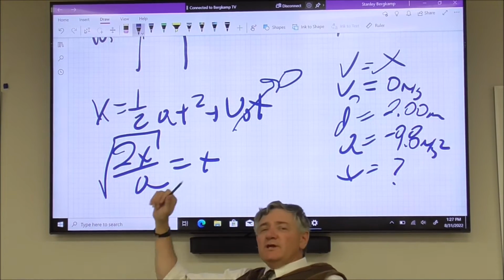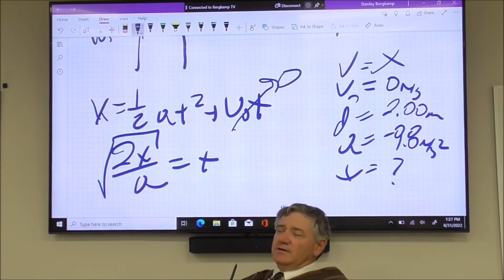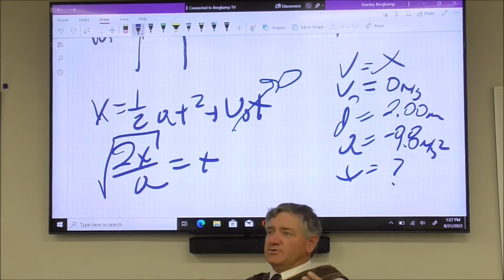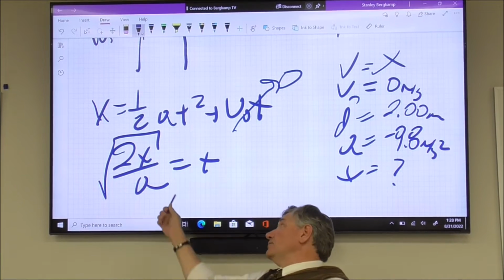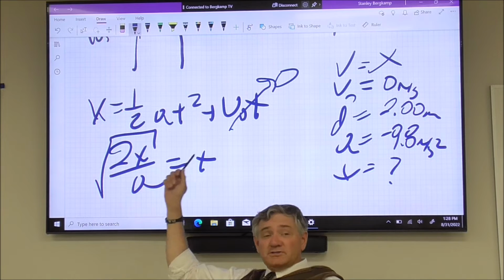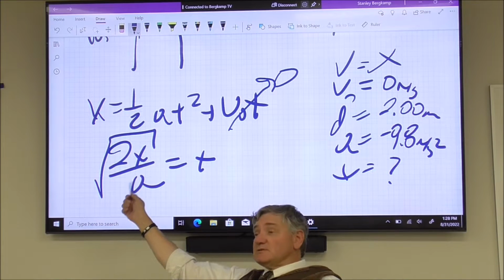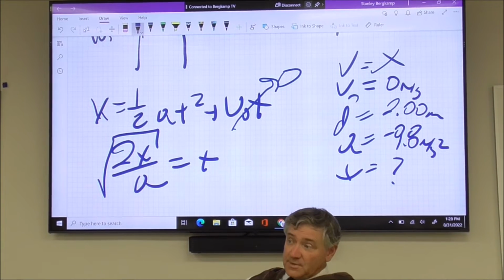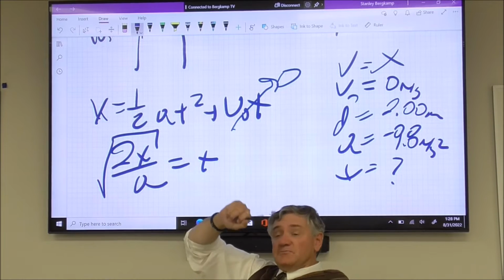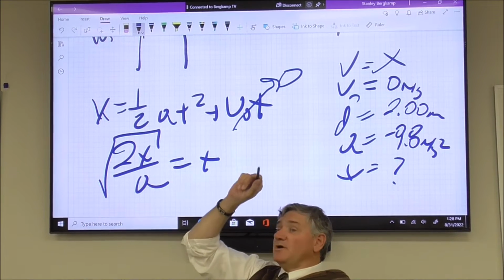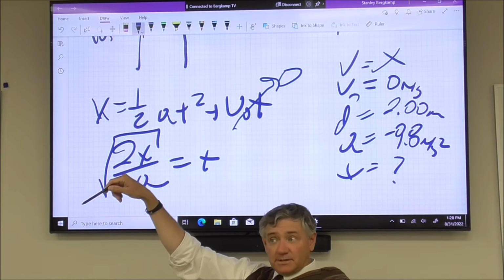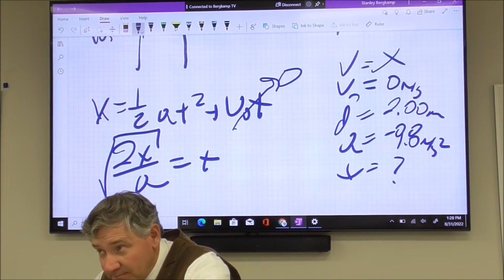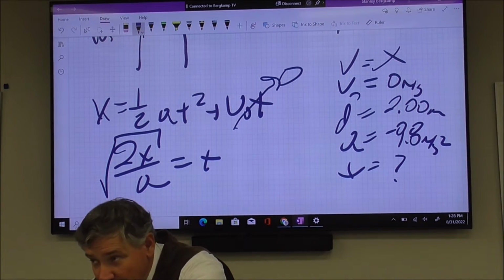But this is a great equation to have filed away. So when you're dealing with objects that are falling or starting from rest, and you're trying to find a time, and you know an acceleration, this is a cool little equation to have filed away. You're going to use this a lot in gravity problems when you start talking about how long it takes for something to fall. So you might even make a little note on your equation sheet that says, I can solve this for time for dropped objects. Now, what I'm going to do next is wrong. Do not do what I'm about to do.